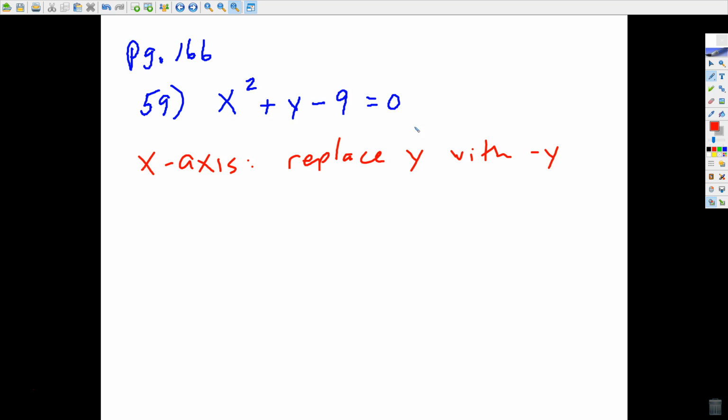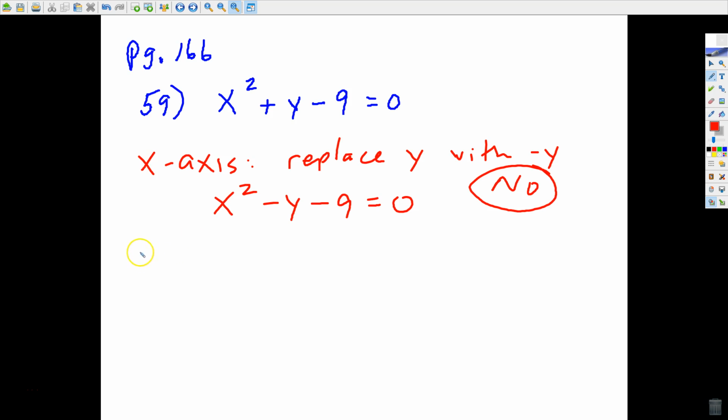Okay, well let's see if that happens. If I replace y with negative y, I get this. Well, obviously, that is not the original blue equation. So therefore, I have ruled out x-axis symmetry. When I replaced the y with the opposite of y, I did not get the original.